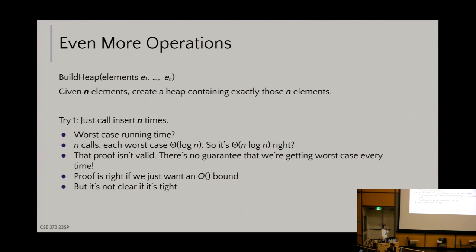If I asked you to build a heap like I did before, where I give you a set of n elements, we could just call insert n times. And so the worst case runtime would be n log n, right? It's log n worst case runtime for each add. We have n items, n log n. It's our worst case, which is not a bad runtime to fill up our heap.